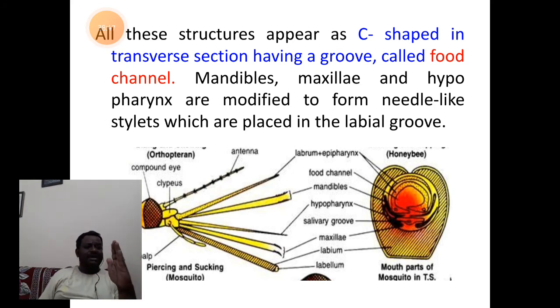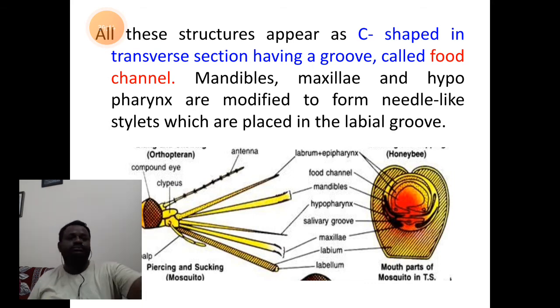When you take the cross section of all the mouth parts, it appears like this. As I told you, the cover of the C-shaped transverse groove is seen, showing the food canal or food channel. Mandibles, maxillae, hypopharynx are modified, elongated stylet structures with needle-like tips, which help in the actual process of feeding.